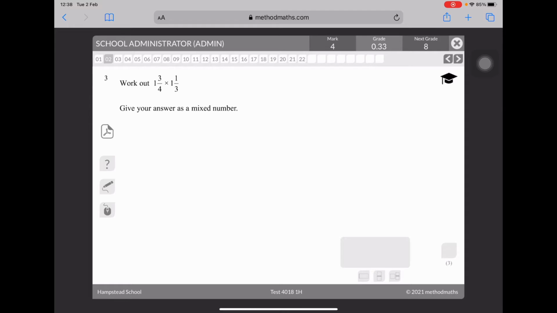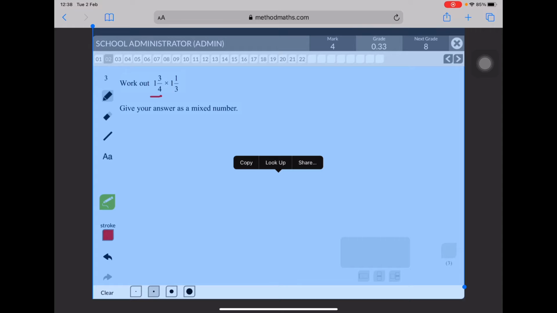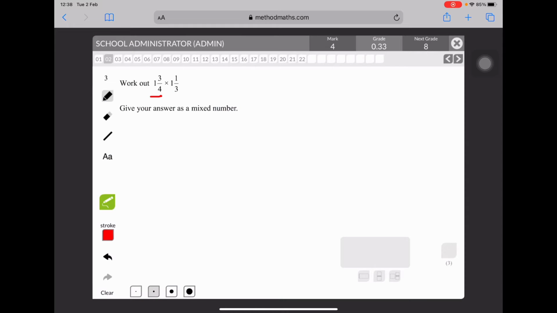So this becomes, so 4 times 1 is 4, 4 plus 3 is 7, so 7 over 4, multiplied by 1 and 3 multiplied together is 3, 3 plus 1 is 4 over 3.